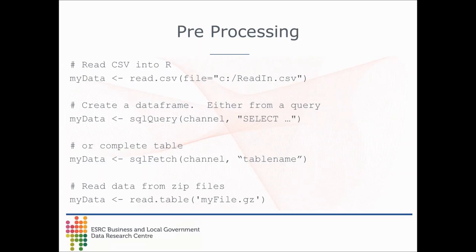We can get data from CSV, from databases, whether that be from building up a select query or dumping a table directly into a data frame. And we can even create data frames from zip files, especially if the zip file may be too large to open.